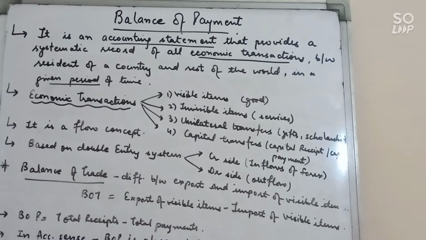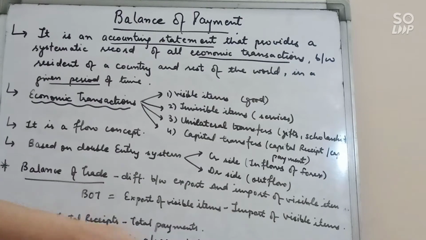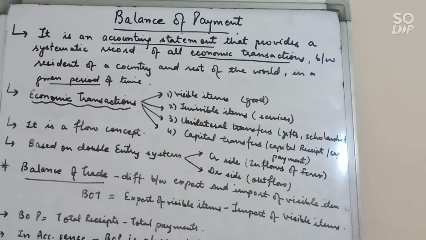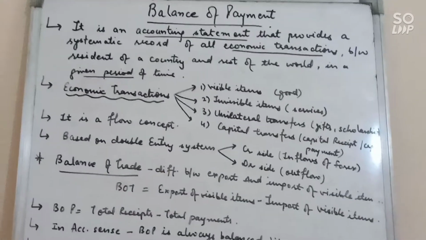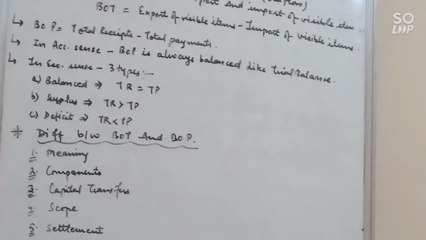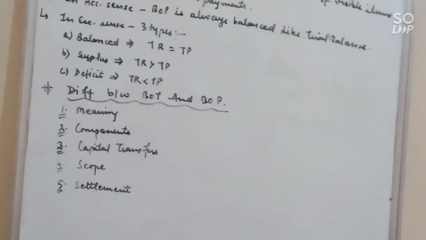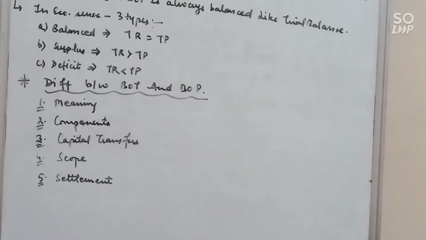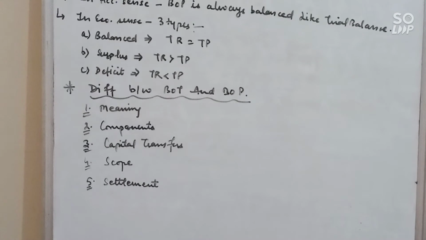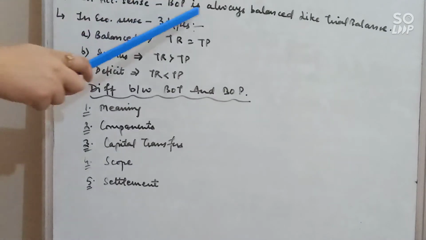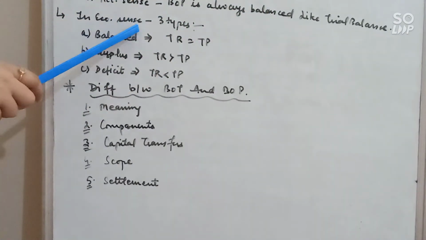Now the next question is, is BOP always balanced or imbalanced? In accounting sense, BOP is always balanced, like a trial balance, but in economic sense, there are three types.